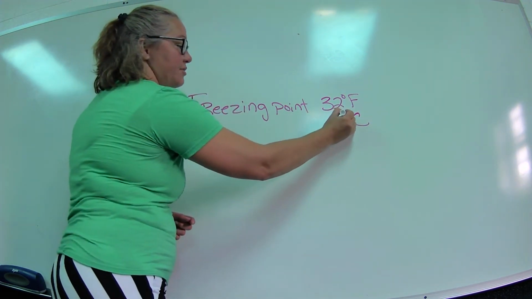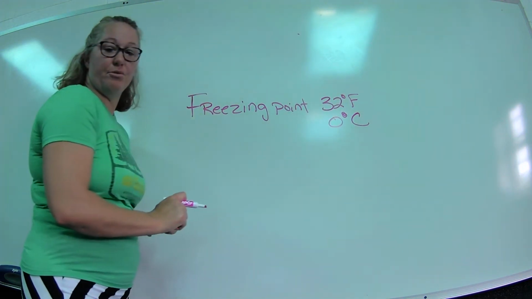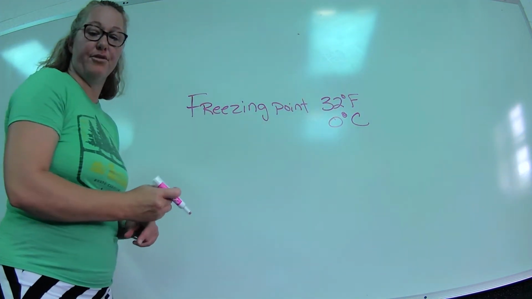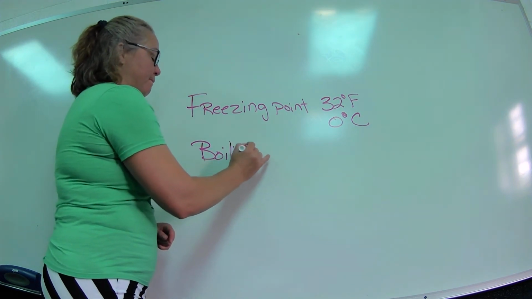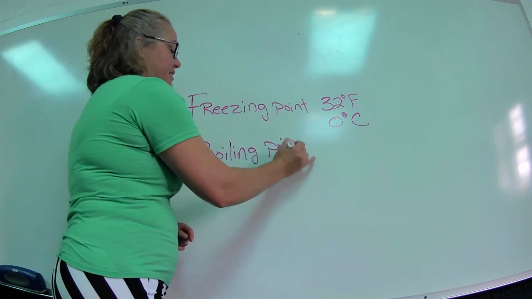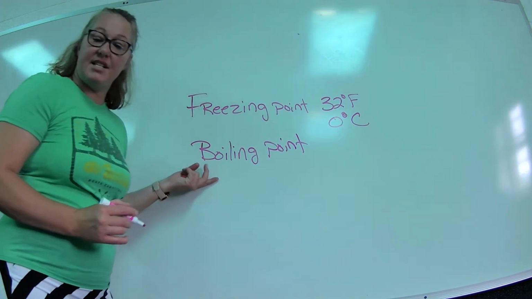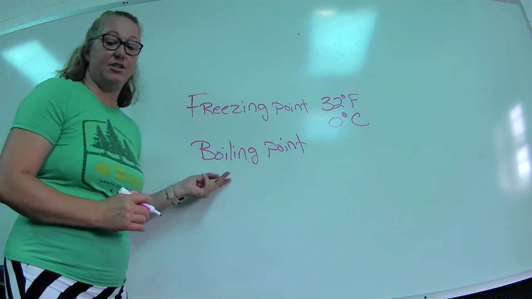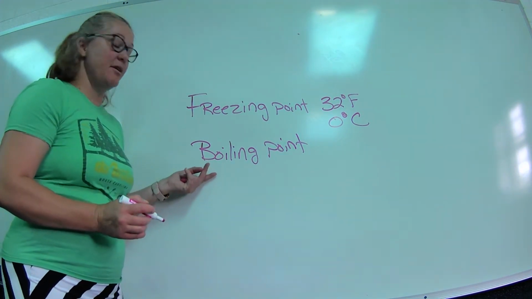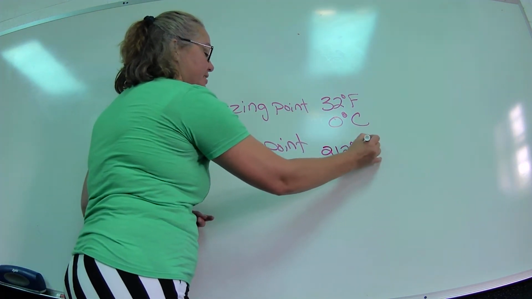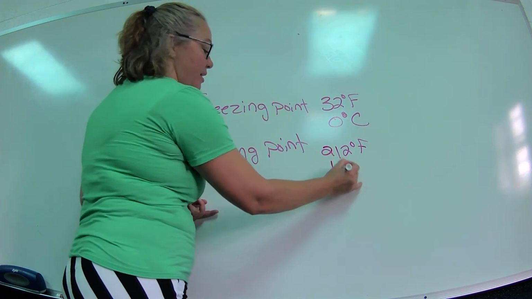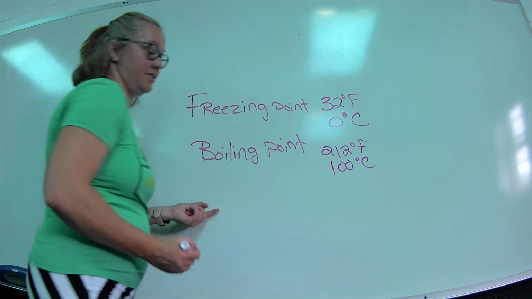We use this little circle up here to stand for degrees. That is the symbol for degrees. You will also learn the freezing point and boiling point in science class. Science and mathematics go hand in hand together. You have a boiling point, and in Fahrenheit, that's 212 degrees Fahrenheit and 100 degrees Celsius.